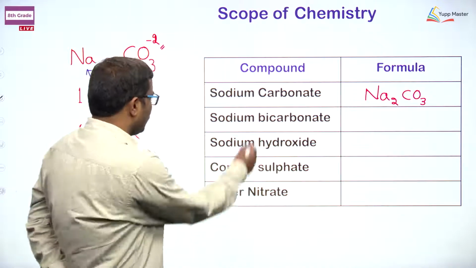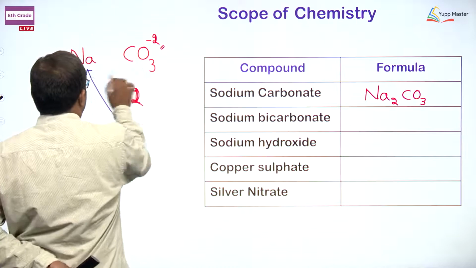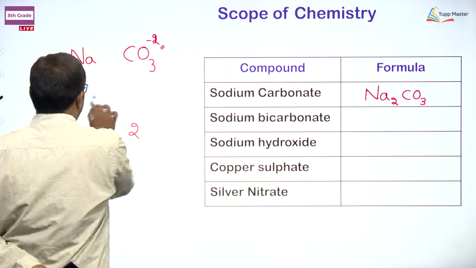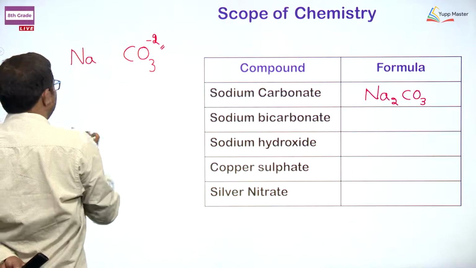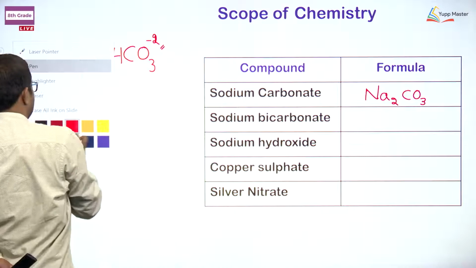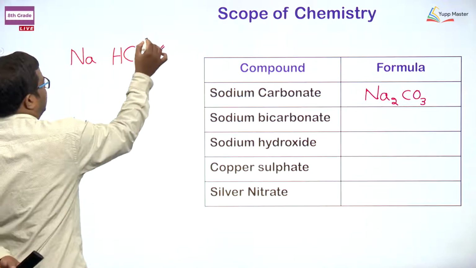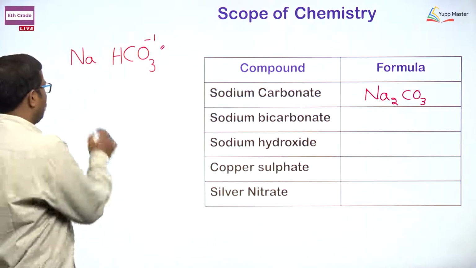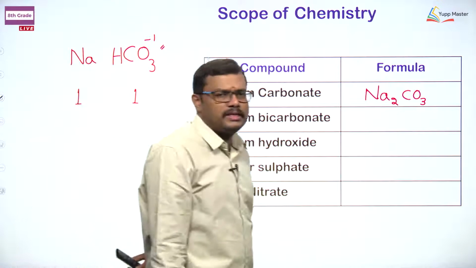Okay. Next is sodium bicarbonate. In that case, we are going to take the bicarbonate. Bicarbonate is the presence of one hydrogen with the carbonate CO3, and in that case the charge will be minus 1. Okay. So, the valency of sodium is 1 and the bicarbonate ion valency is 1.